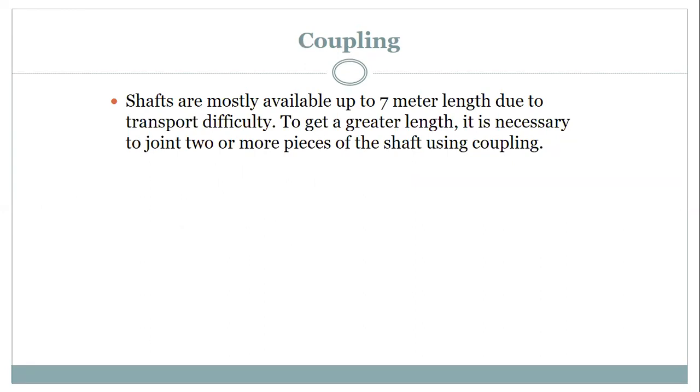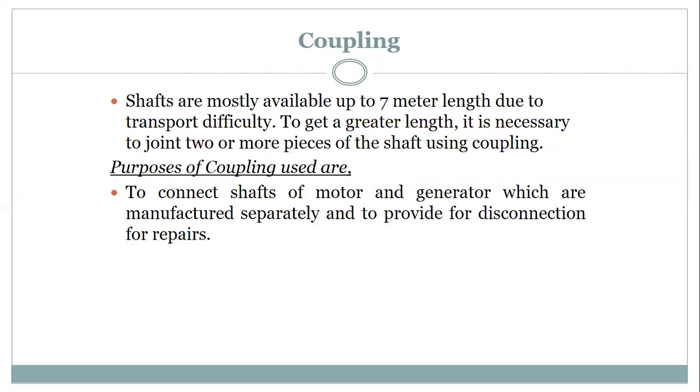So instead of a shaft more than 7-meter length, it is better to couple two shafts with the help of the coupling. Couplings also connect the shafts of motor and generator, which are manufactured separately, and provide disconnection for repairs. So if you want to do some repairing, the disconnection of the couplings can be done, and you can do the repairing and again connect the shafts.